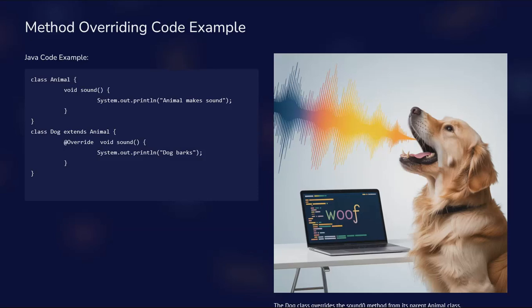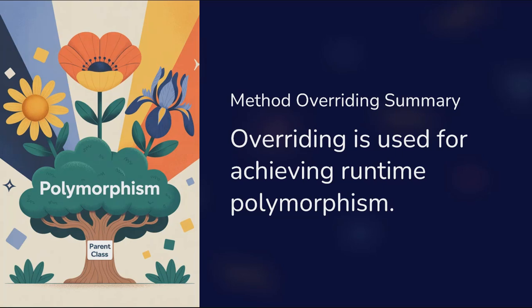So here class Animal has a sound method and Dog extends Animal, and it also has a sound method. So you can say that the Dog sound method overrides the Animal sound method. Overriding is used for achieving runtime polymorphism.